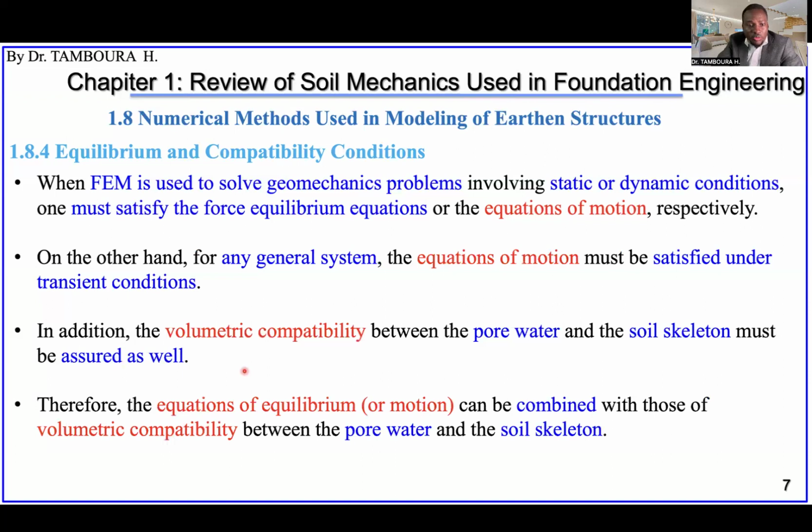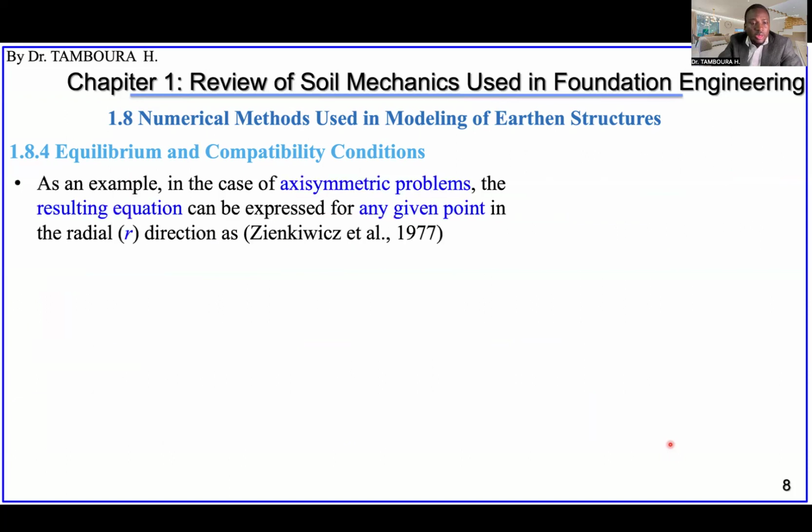Therefore, the equation of equilibrium or equation of motion can be combined with those of volumetric compatibility between pore water and soil skeleton. For each element, we need to satisfy these equations. As an example, in the case of axisymmetric problem, do you remember the axisymmetric problem?